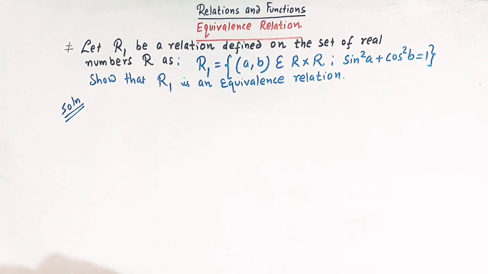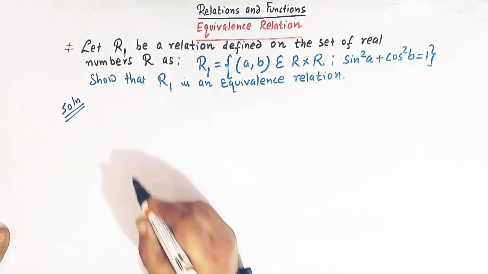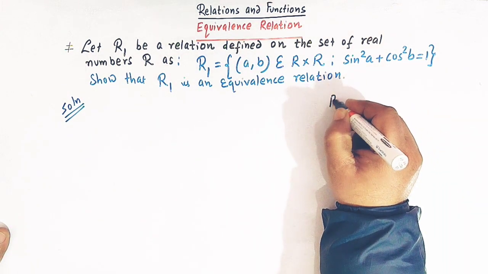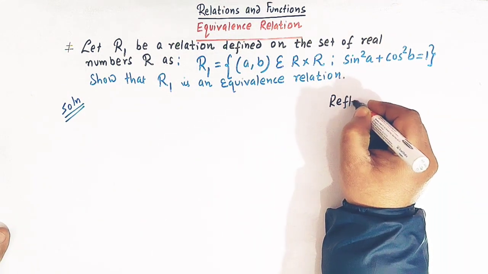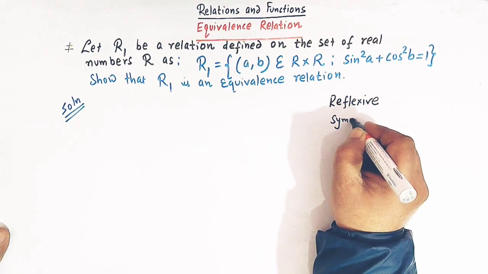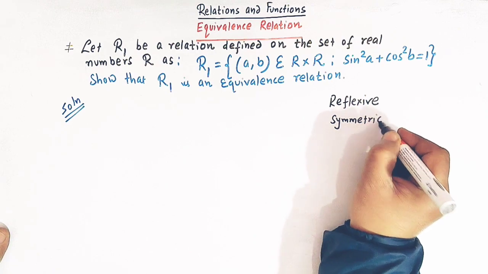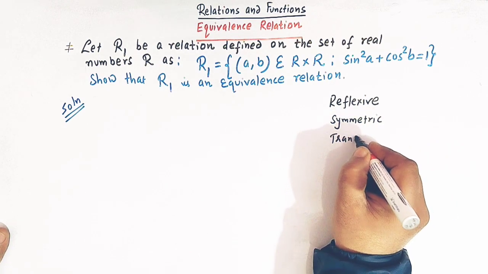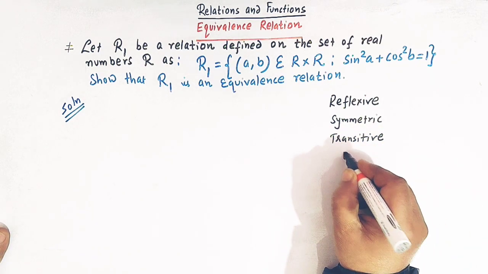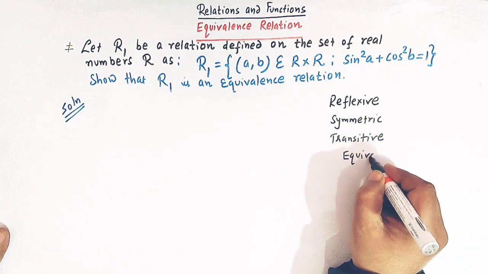So viewers, here what we have to do, we have to show that this relation R1 is reflexive, symmetric, and transitive, right? Because we know that if a relation is reflexive, symmetric, and transitive, then the relation is said to be an equivalence relation, right?